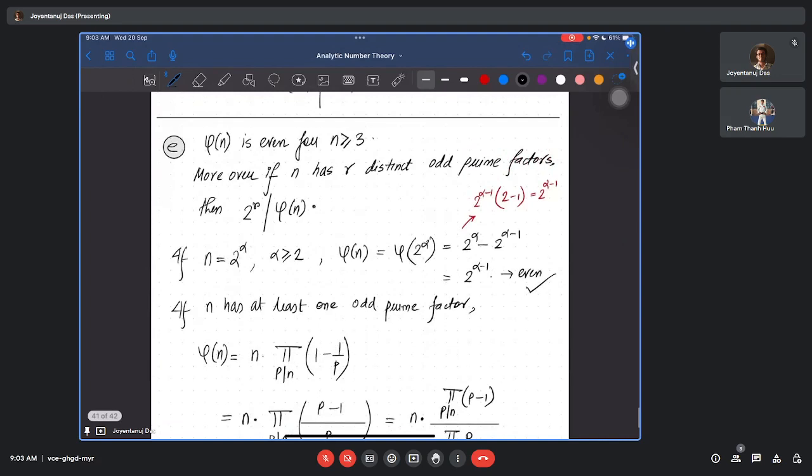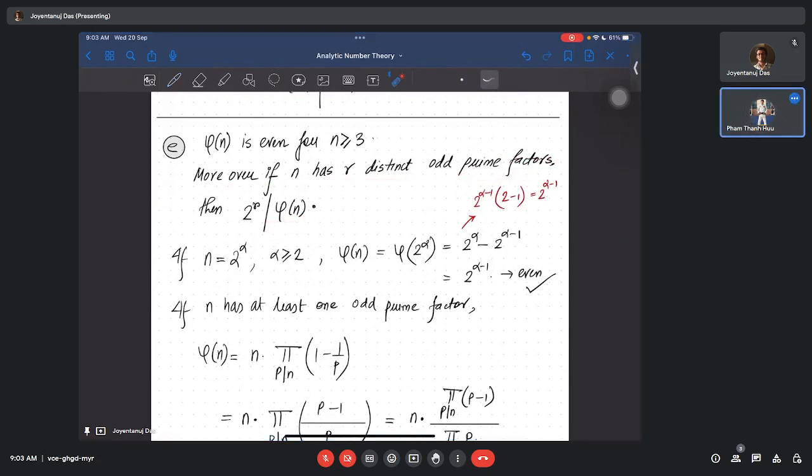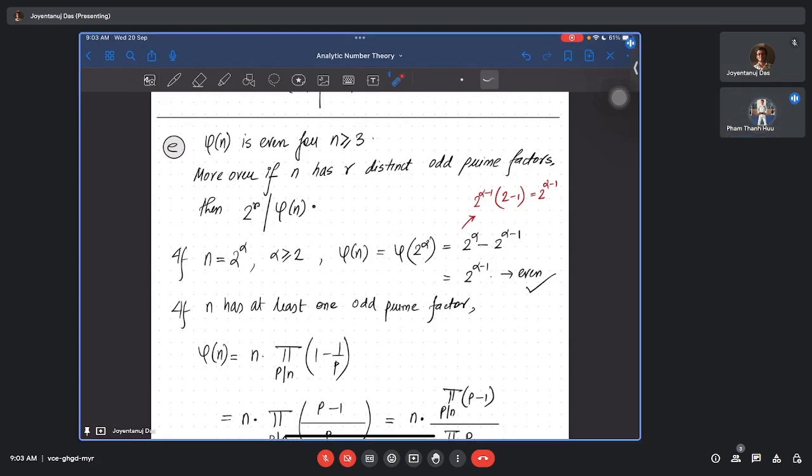Now we have to show the next part, that if n has r distinct odd prime factors, then 2 power r divides phi of n. But first, we have divided into two cases: n equal to 2 power alpha, and n has at least one odd prime factor. So these are the only two cases possible, right?